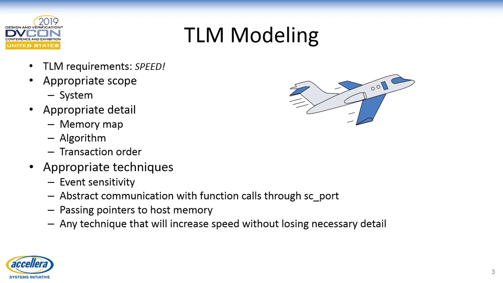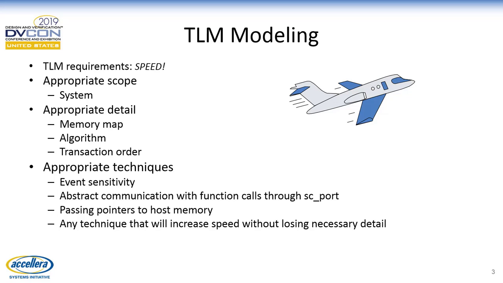The TLM modeling for virtual platform work, the goal is the minimum amount of detail that is enough to represent the behavior as it appears at the registers the processor can see, and simulating as fast as possible. So a lot of techniques are used: event sensitivity, abstract communications through function calls, passing pointers to host memory.